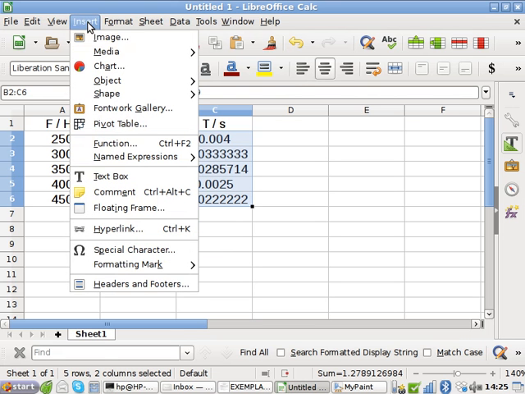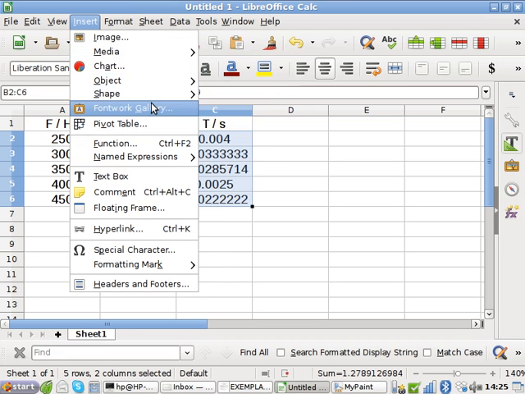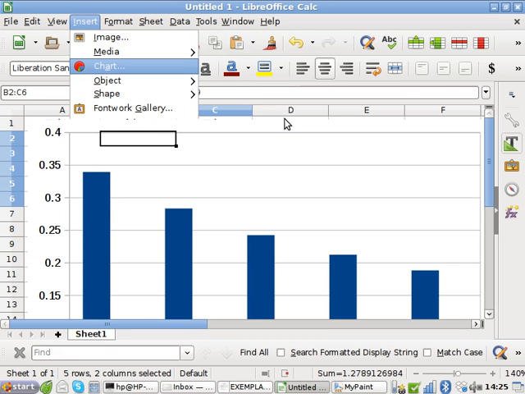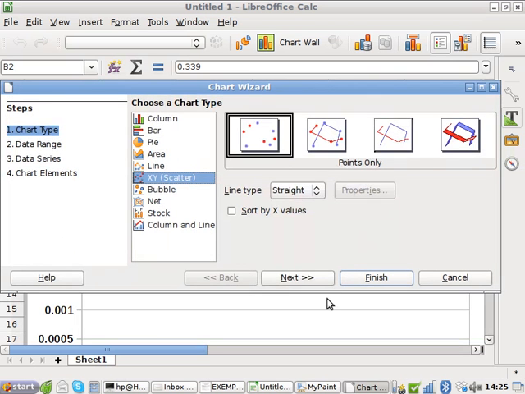That's what they said in the question, you said. Yes. So I want to insert a chart, where's my chart gone? I want a scatter plot. It's loading, it needs to give me my choices. Scatter plot, and next.